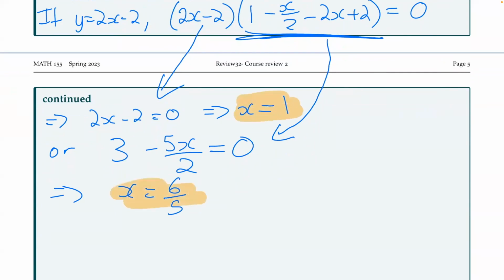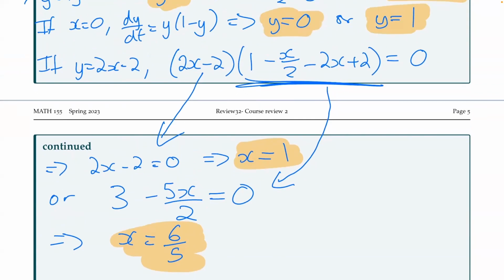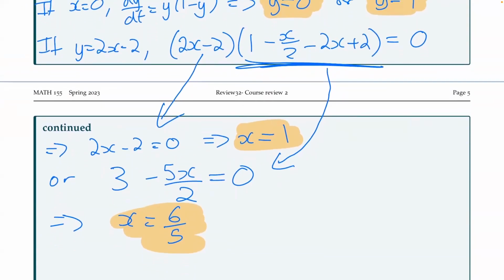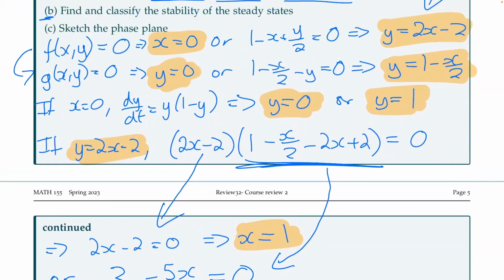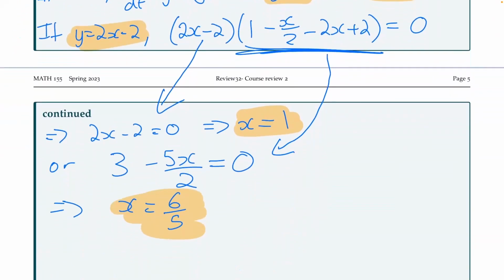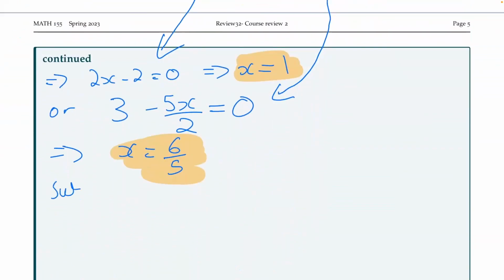So now we've got these conditions here. At this point, we now need to substitute these back into our equations for y. So we have relationships for y here, and we have the other one up here. So we sub back in to find y.